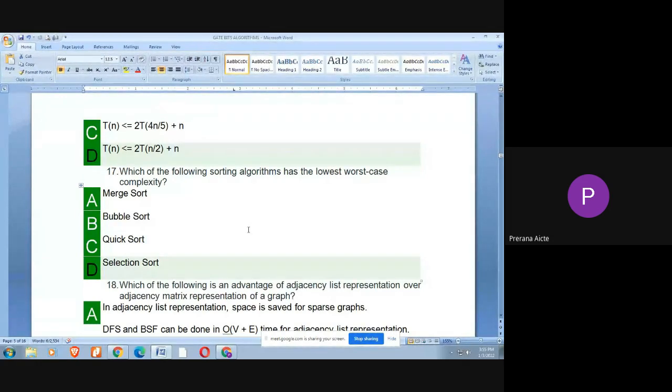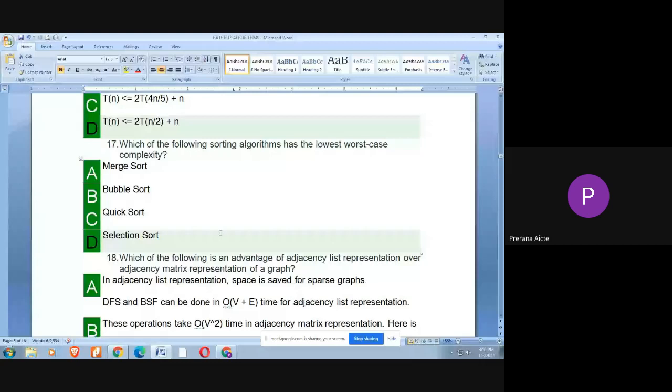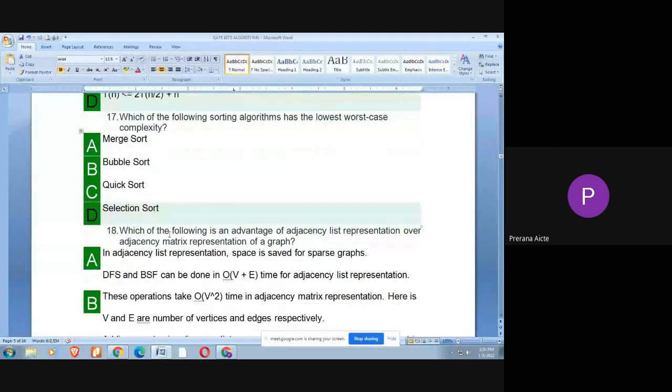So compared to the remaining, merge sort has the lowest worst case complexity of order of n log n. In worst, best or average case, merge sort is going to have order of n log n only. So it is the lowest worst case complexity among the four.